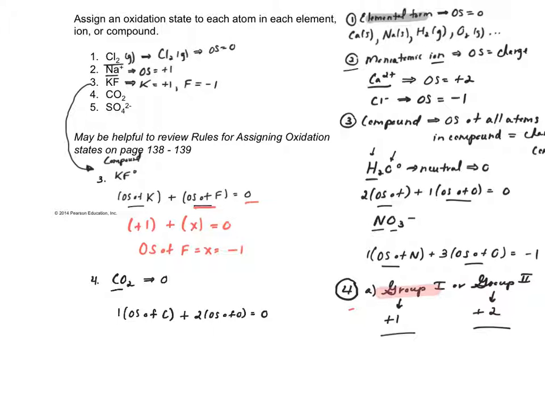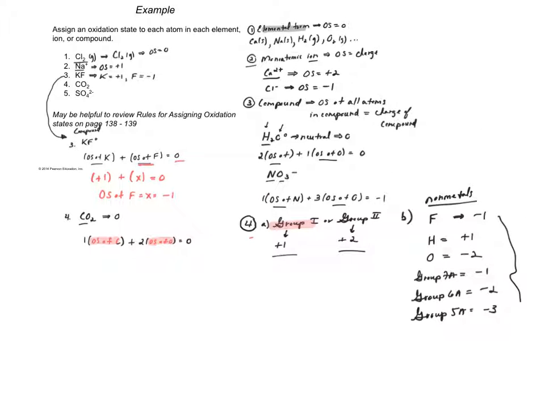Now the question is, who will we assign first? Who takes precedent? Is it carbon or is it oxygen? And so when I go over to rule 4, I find that oxygen is up here and carbon, which is in group 4, is much farther below it.